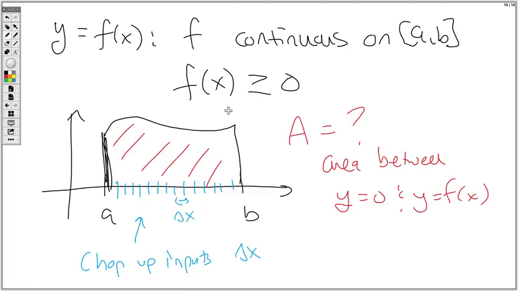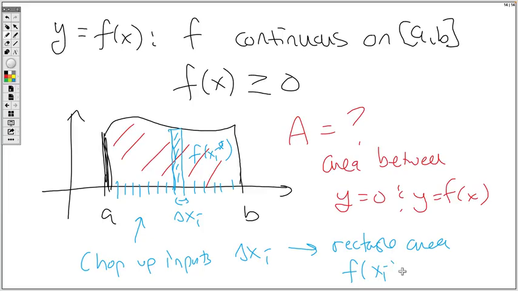And then we sampled the function at some point, whether it was the left endpoint, the right endpoint, or the midpoint. We sampled the function somewhere in that little interval, and we had a rectangle of area, height times width, f of xi star times delta xi. Does this story sound familiar?